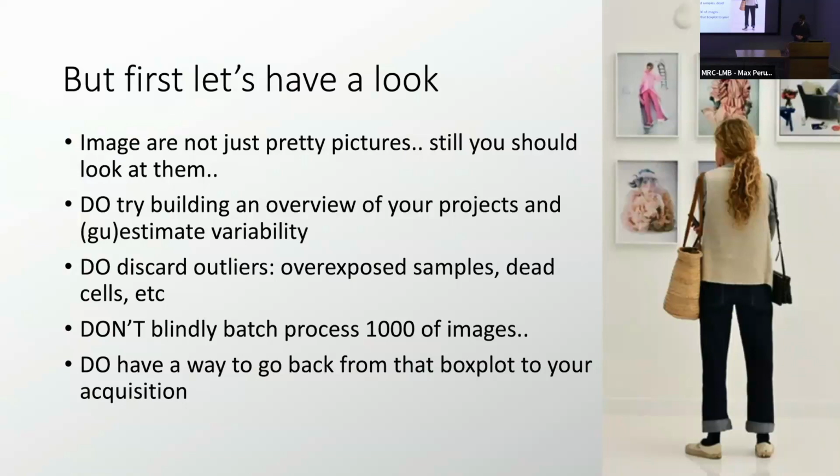And we need to have a link. Once we have our box plots, in the final figure, we need a way to look at an outlier and trace it back to the image, to the cell, so that we understand why this point is an outlier. We can eventually discard it because maybe it was saturated or a dead cell, et cetera.